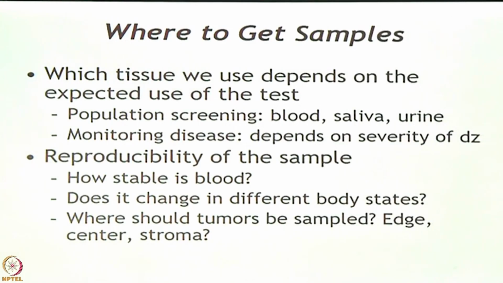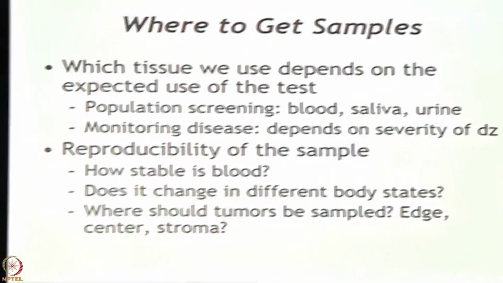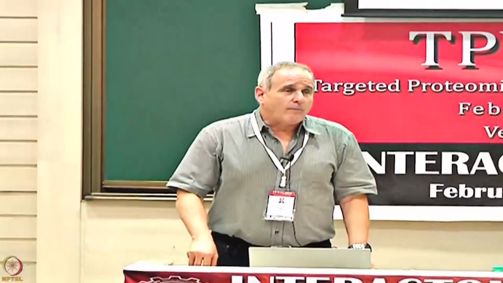Okay, the last couple things I'm going to mention is where you get your samples. Make sure that the sample you use is relevant for the use of the test. Imagine if you're going to do a biomarker for early disease detection. We said that you're really going to be testing a healthy population. Healthy people are not going to be interested in giving you biopsies, nor would it be appropriate to put them through that risk.